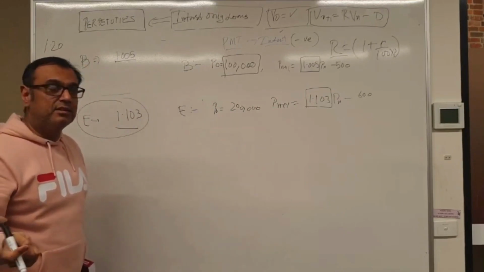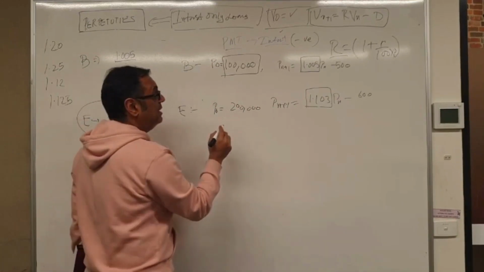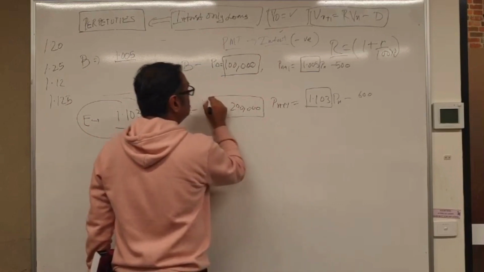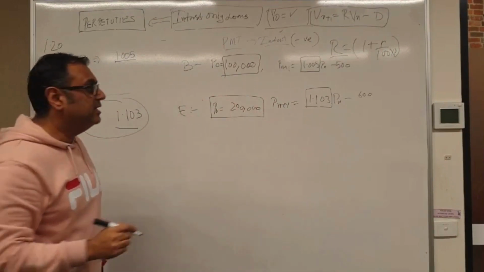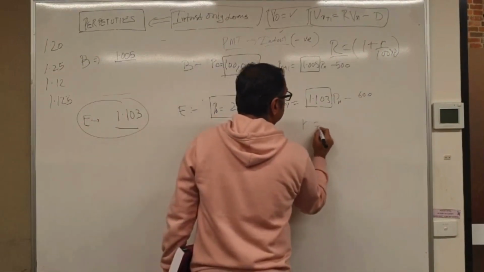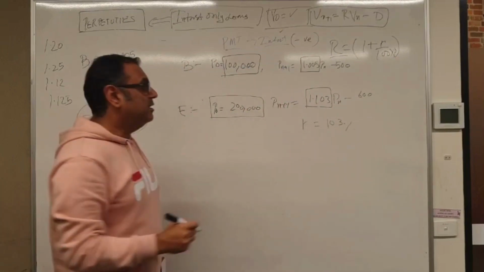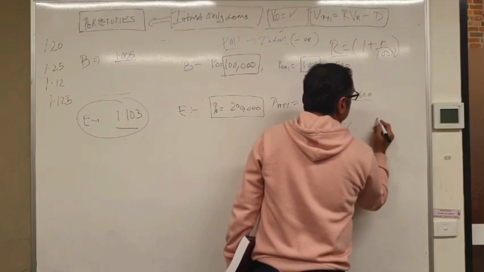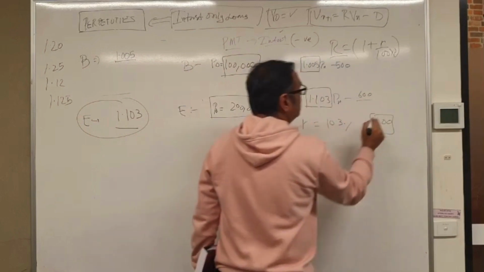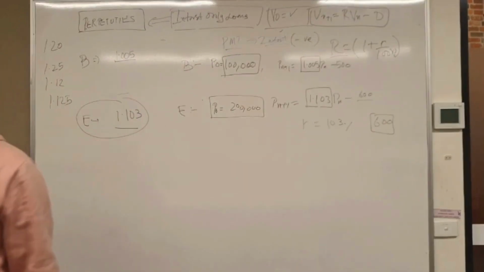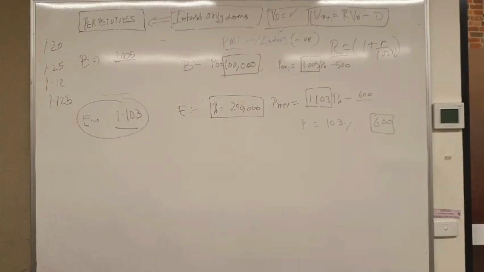So this is 10.3%. What this is telling me is that if this guy has invested $200,000 at a rate of interest of 10.3%, he's paying $600 as interest. Right or wrong?